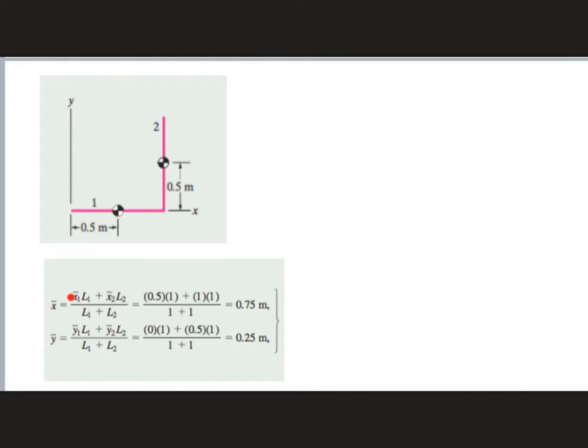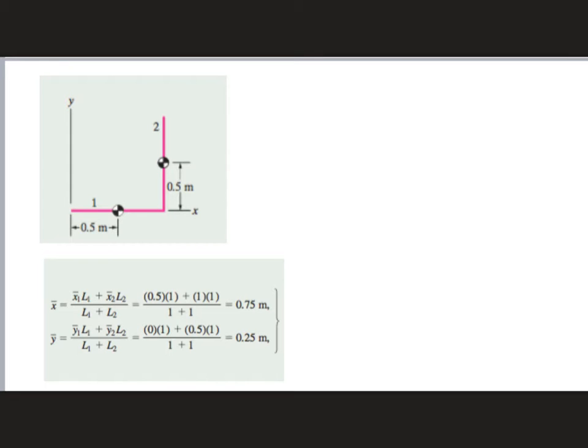We have x bar times L1, that's the center of mass of bar 1, and remember that x1 is just a location, it's going to be half a meter, times L1, which is the length of the bar, and then this is going to be x2 times L2. Again, this is the x-coordinate of that center of mass times the length L2.